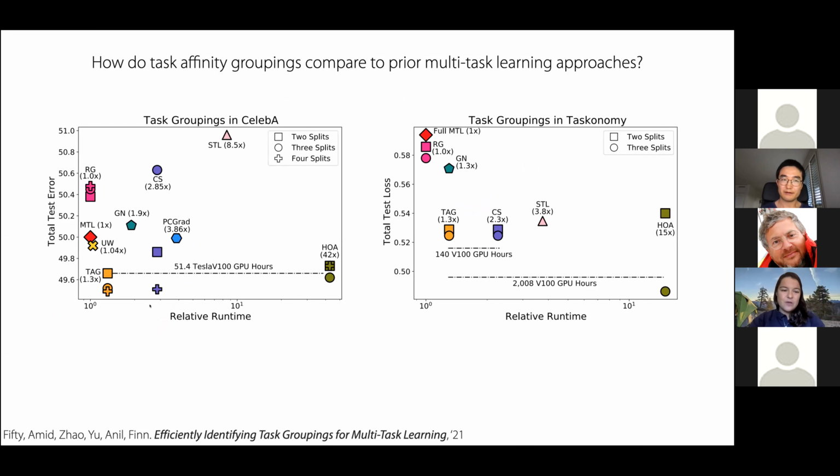And what we find is if we evaluate this approach on both the SLEB dataset as well as the taskonomy dataset, this approach, TAG or task affinity groupings, is doing better than more naive approaches that, for example, do full multitask learning or other simple approaches. And it's also substantially faster than approaches that do more of an exhaustive search over task affinities.